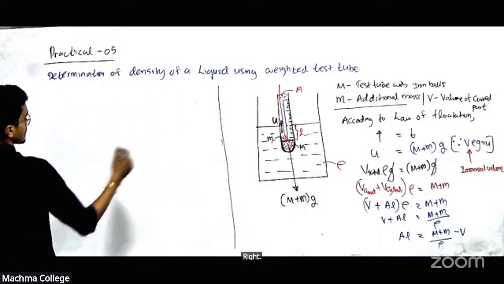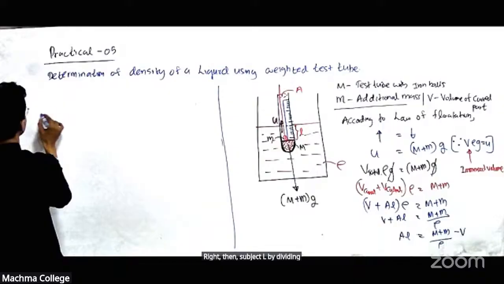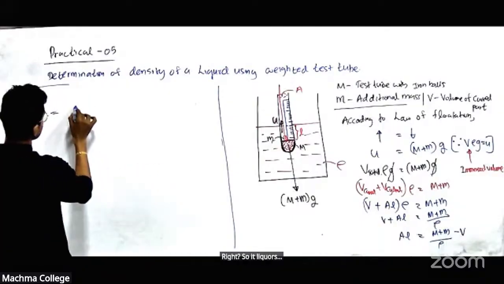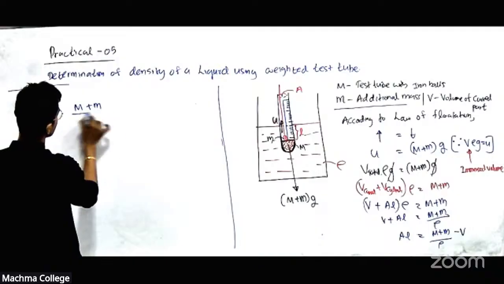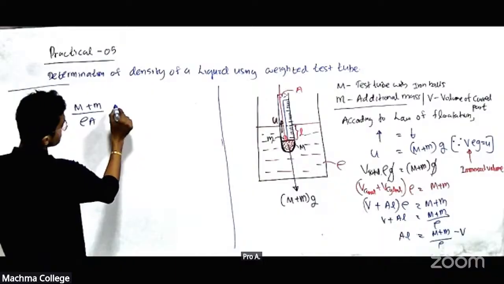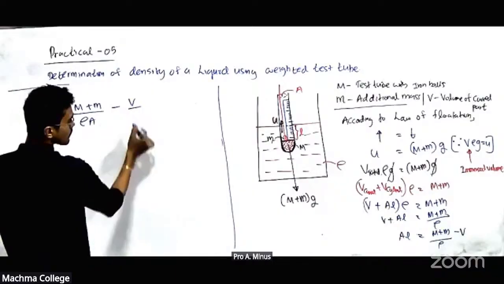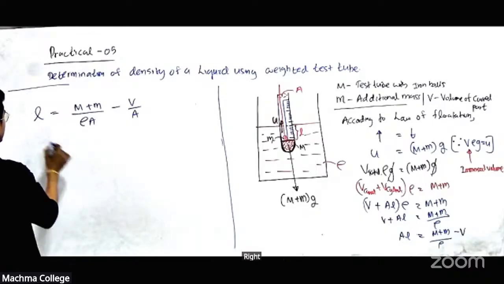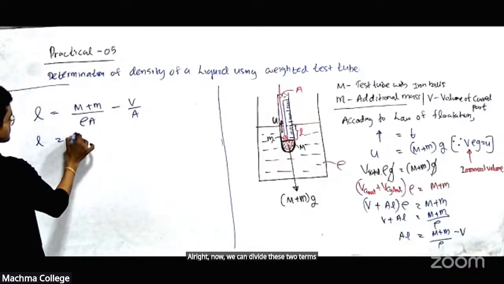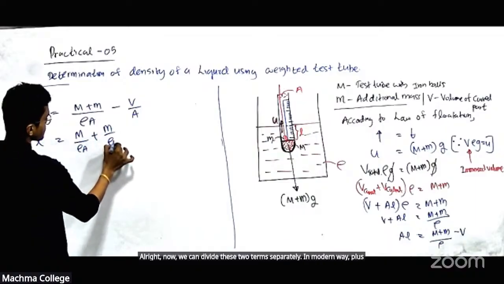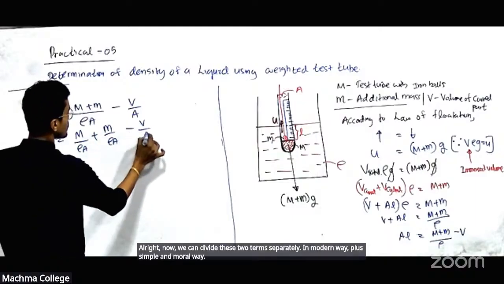Then make L the subject by dividing the entire equation by A. So L equals M plus M over rho A minus V over A. Now we can divide these two terms separately: M over rho A plus simple M over rho A minus V over A.